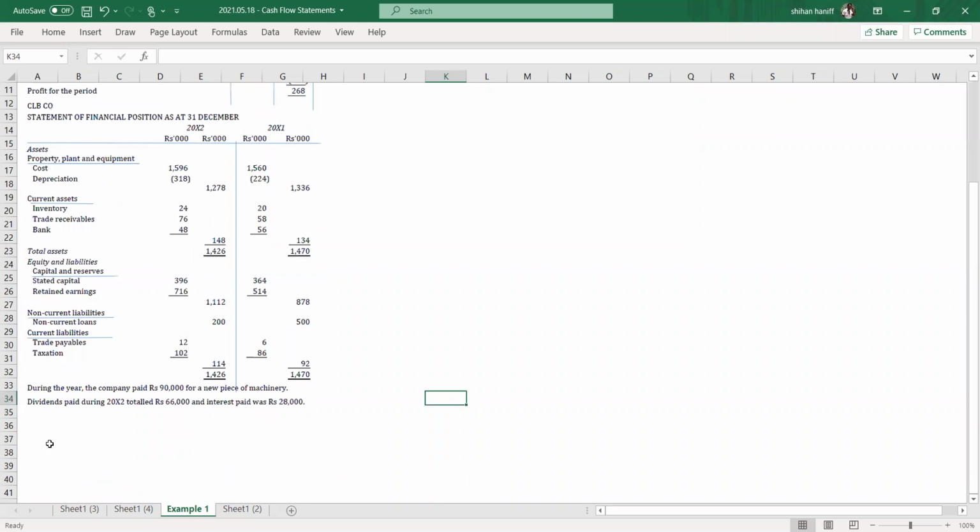Required, prepare the cash flow statement, direct and indirect methods. Both the methods we will prepare the cash flow statement.